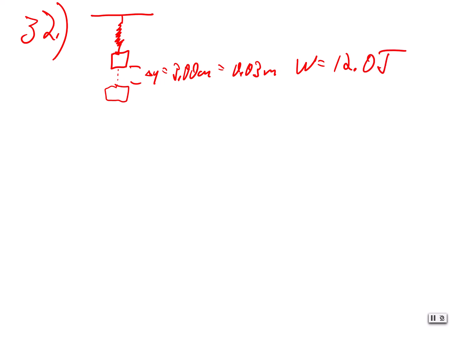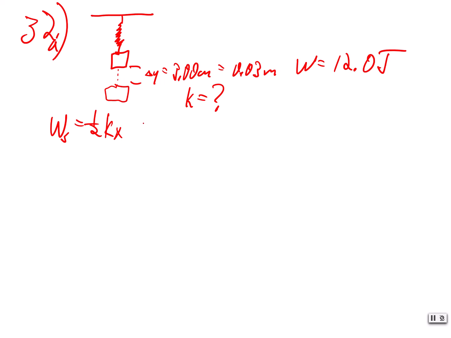What is the force constant of this spring? This is 32A, and the first thing we've got to do is find K. Well, that's easy. We know by definition that the work done on a spring, which you could also call U elastic or U spring, is equal to 1/2 kx squared.